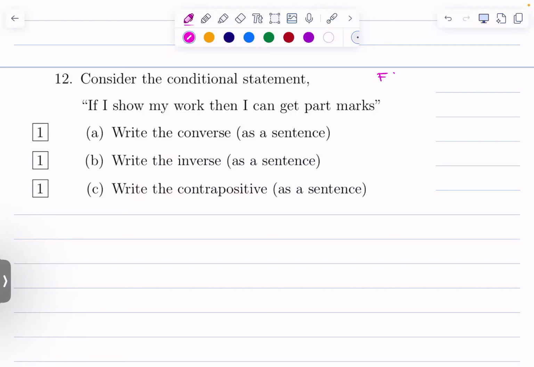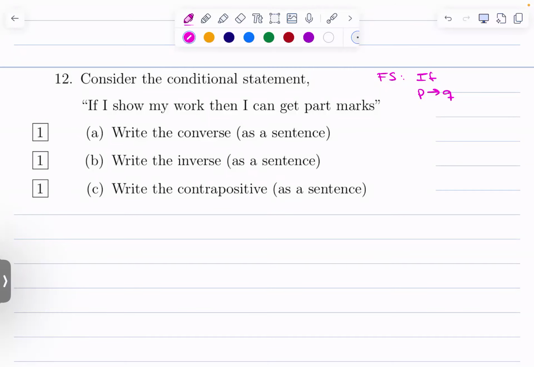On your formula sheet, you'll have if P, then Q. Or I guess if P, then Q doesn't really make sense, but given if P, then Q, then the converse is which one?